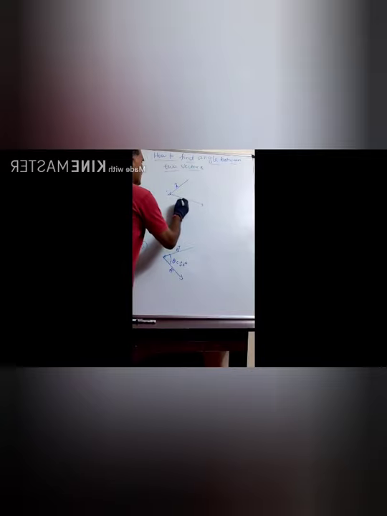So how do we do this? Take example 3. Suppose one vector is like this, B bar, and another vector is like this, A bar, with 30 degrees initially. We can shift any vector, whether it is A bar or B bar, parallelly.